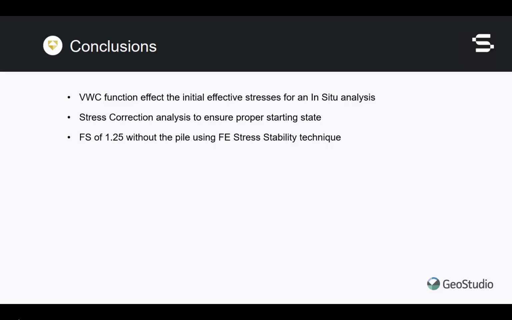The factor of safety was 1.25, calculated using the finite element stress stability technique. We achieved a similar factor of safety using the strength reduction stability technique. With the wall in place and using SRS, we calculated a factor of safety of 1.35.